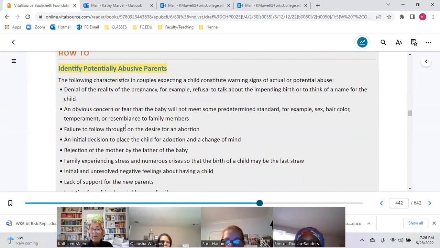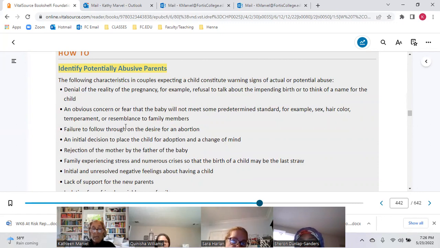Let's say you're doing a family assessment. Okay, let's say you've been called to the house to go with a police officer to do an assessment of a report that has been put in with Child Protective Services. You will do that as a community nurse.